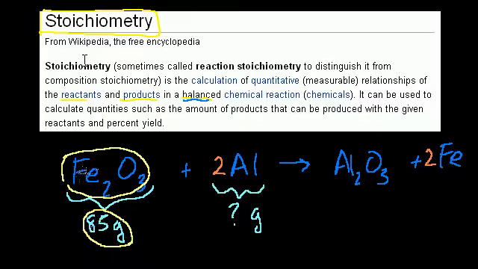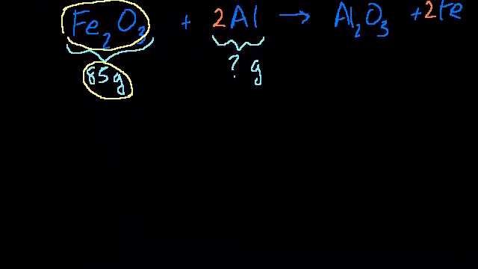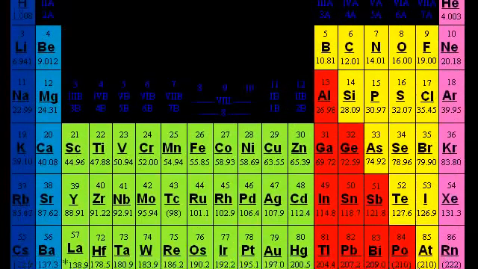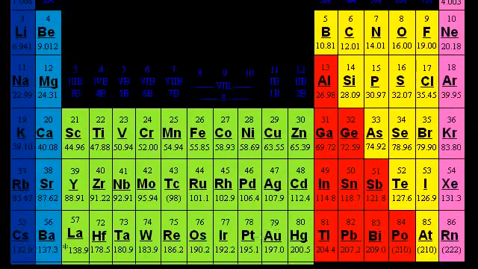What's the atomic mass of this entire molecule? Let me do it down here. We have 2 irons and 3 oxygens. Let me figure out the atomic masses of iron and oxygen. Iron is right here, 55.85.